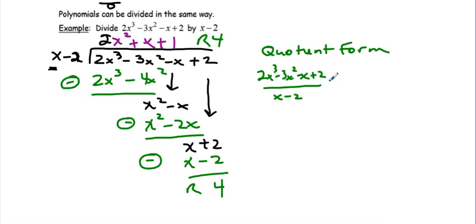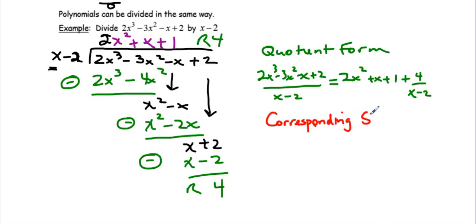And the answer is, okay, it's 2x squared plus x plus 1, that's our quotient, plus our remainder, which is plus 4, divided by our divisor, which is x minus 2. Okay? So quotient plus remainder divided by divisor. That's quotient form. Corresponding statement, do a different color. The corresponding statement is almost like a way of checking your answer.